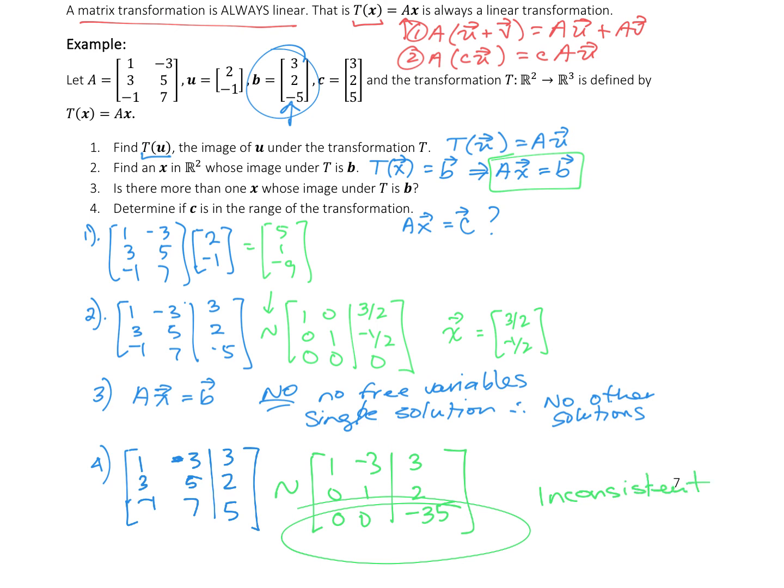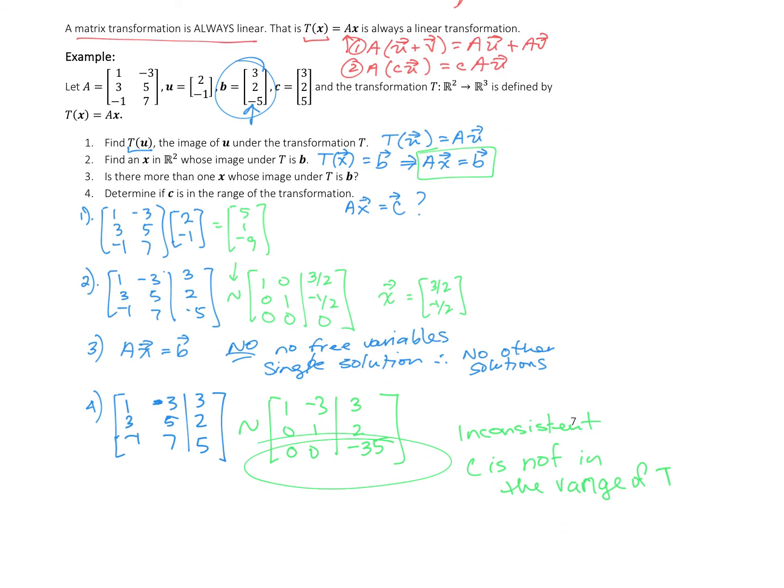I get 0 equals -35, which is not true, ever. So there are no solutions, which means C is not in the range of T. Hey, cool. That's it. Okay, bye.